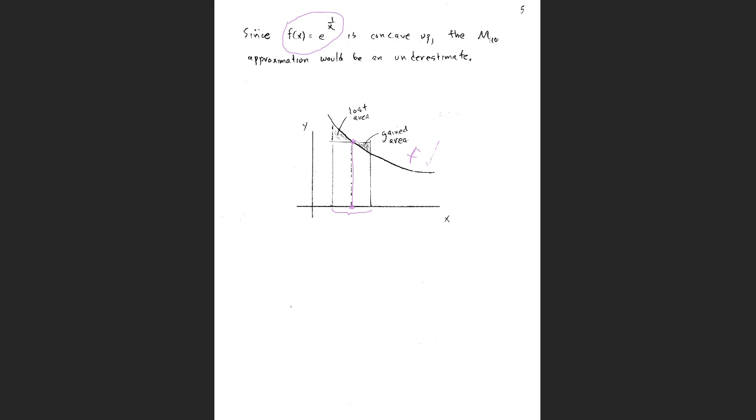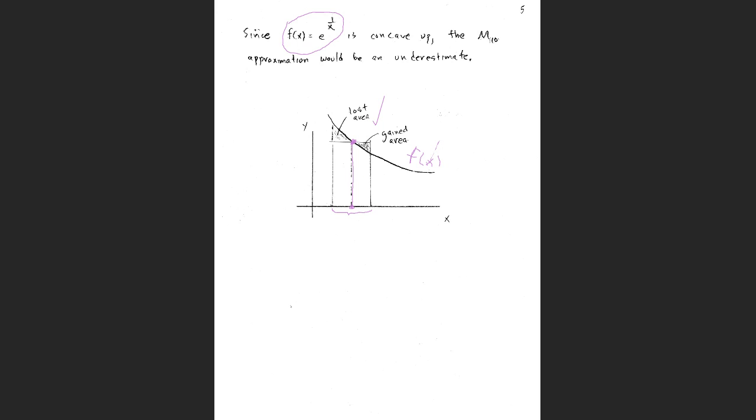Right, this is my concave up function. The midpoint of the interval determines the height of the rectangle. If I were to draw other rectangles, the behavior would be similar to what you're seeing here.